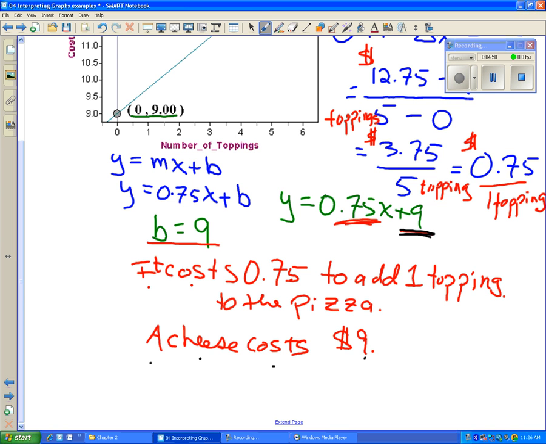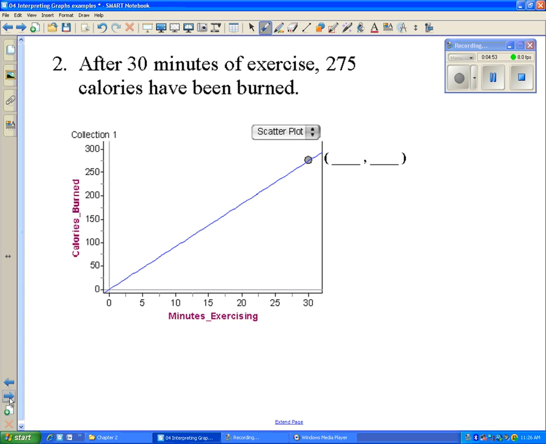What is this meaning? What is this telling me? After 30 minutes of exercise, 275 calories have been burned. Notice this is minutes exercising, so after 30 minutes, my calories burned are 275. So that's this coordinate right here on my graph.